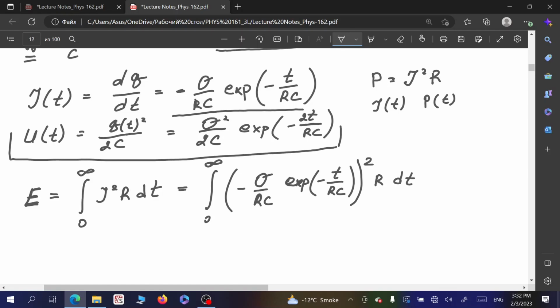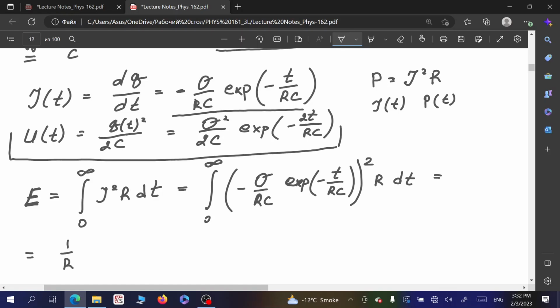So we can factor out this R from the integral because it's a constant.